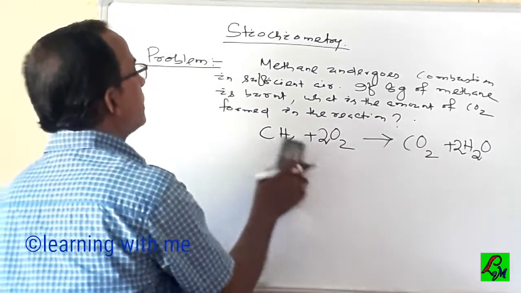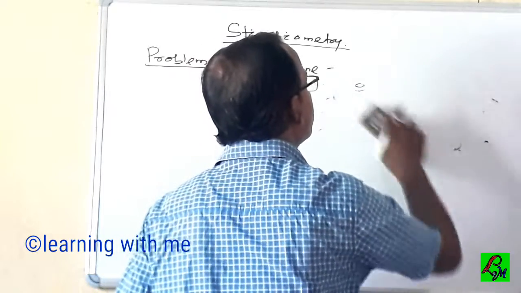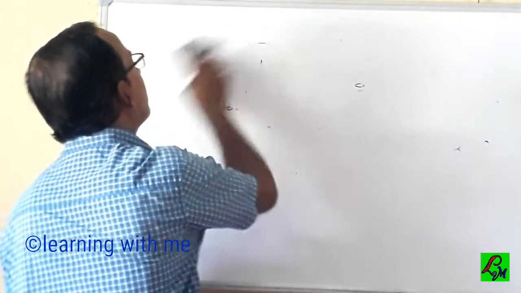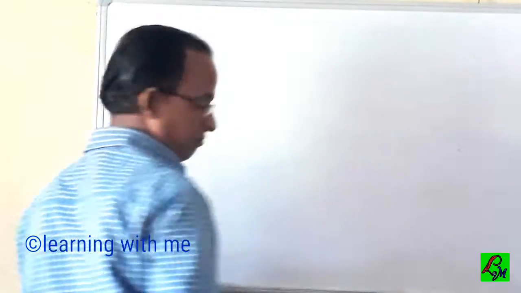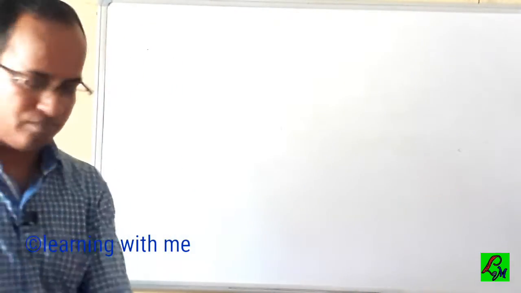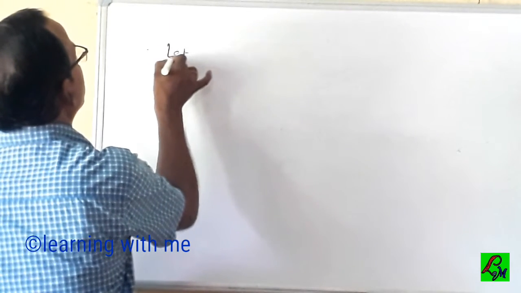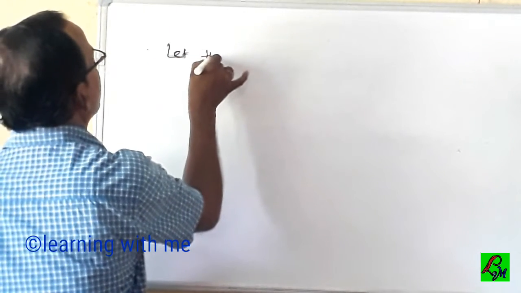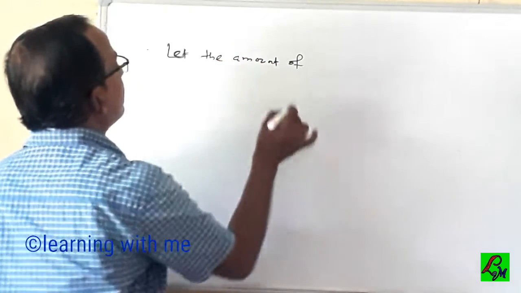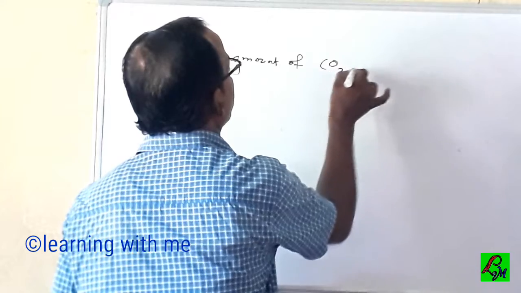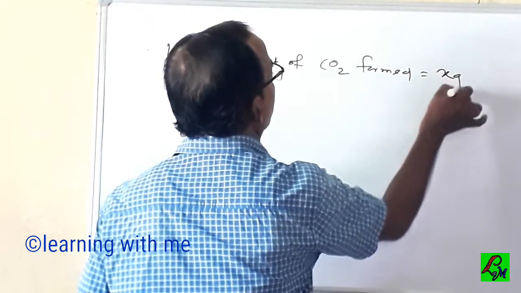So first, let the amount of carbon dioxide formed be equal to X gram.